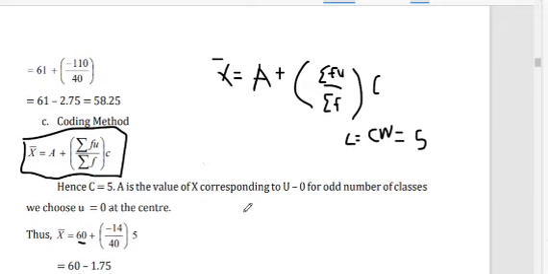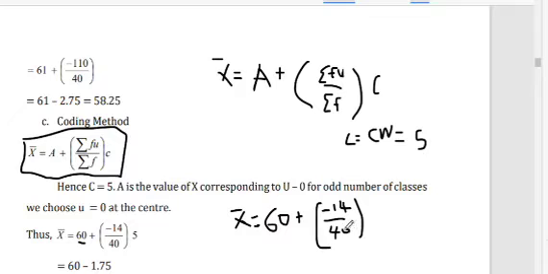So my mean is equal to my assumed mean. The assumed mean that we chose here is 60, plus, in brackets, minus 14, which was our summation fu, divided by 40, total f, summation f, total number of items there, 40, times the class width, which is what? 5.